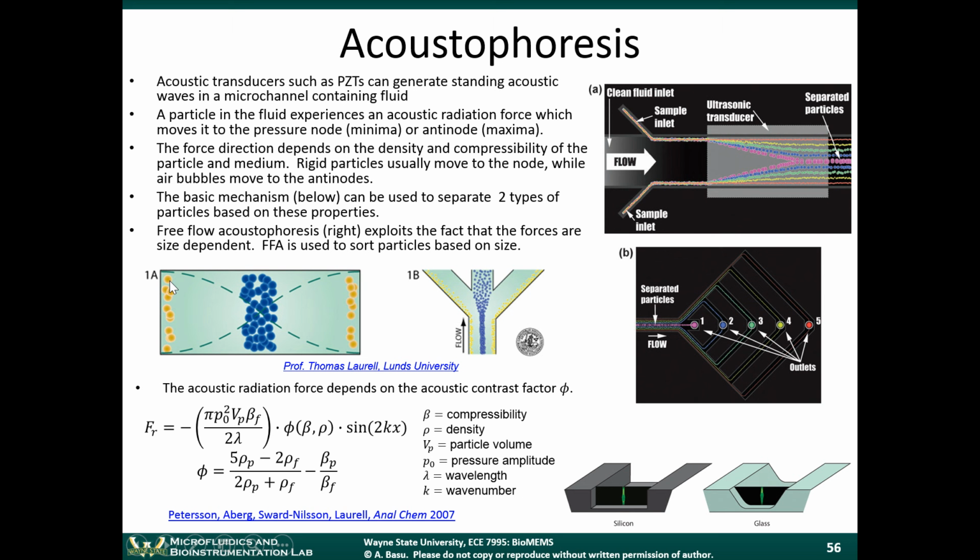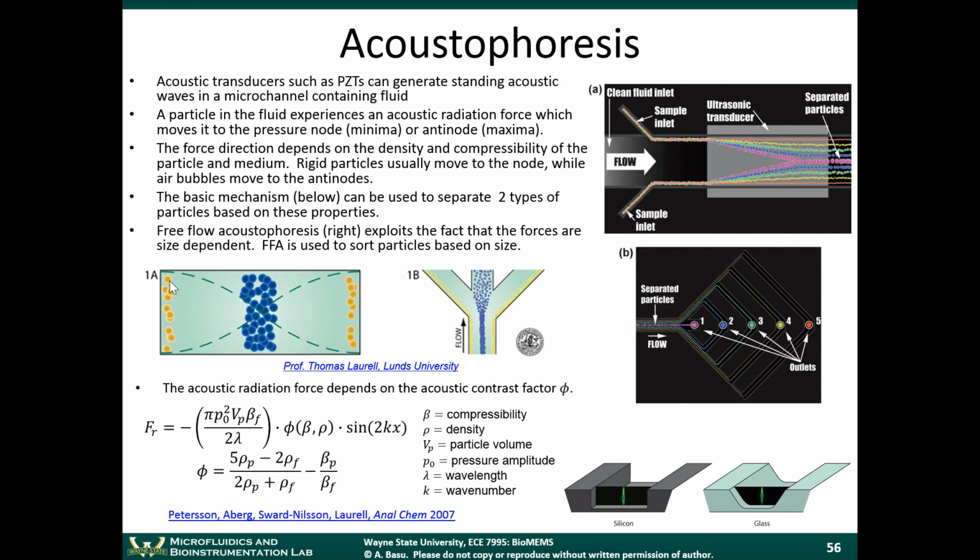In a way it's analogous to dielectrophoresis. In dielectrophoresis, whether a particle is attracted to the high field region or pushed away from it depends on the dielectric properties of the particle. In the case of acoustophoresis, it depends on the mechanical properties of the particle.